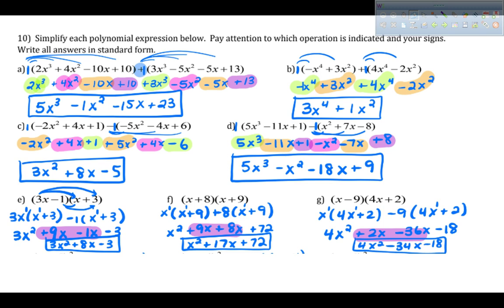C and D were subtraction, so I had to distribute a negative 1. E, F, and G were all multiplication, so I had to do multiplication first and then combine like terms. I just have highlighted in different colors the like terms so you can see them a little bit better.